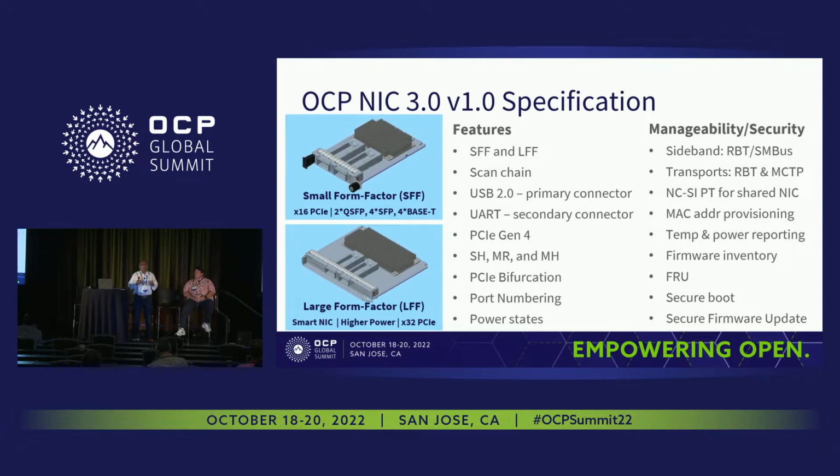And on top of that, some of the key features that you need for NIC operational management, whether they're related to inventory, temperature control, power, measurement, all firmware-related inventory, firmware update, has to be secure firmware update.